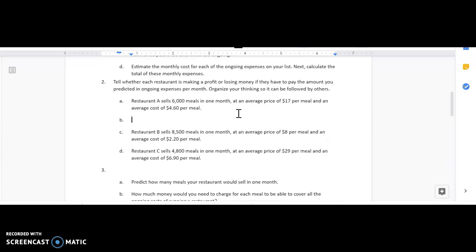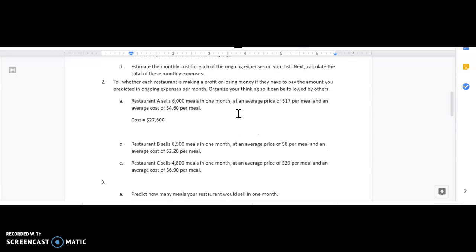So the cost of the meals equals $27,600. Now, we're going to sell those for $17, right?